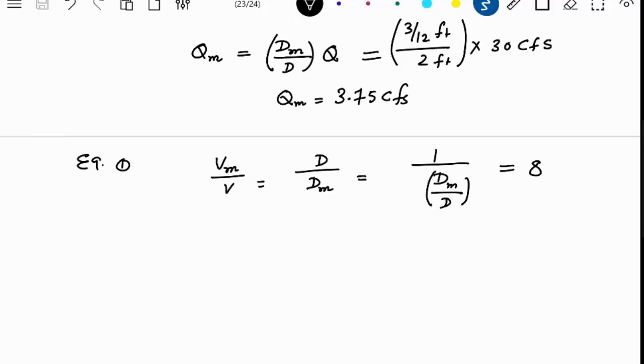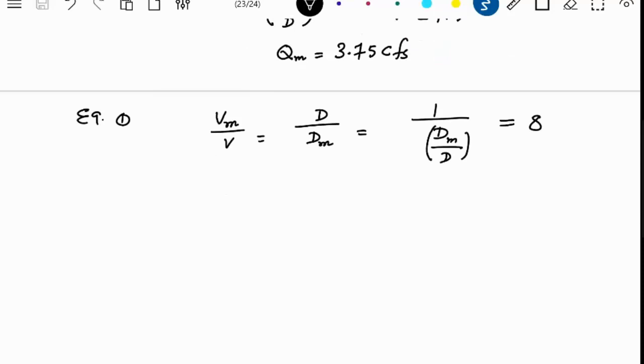Now see, if you see this expression Vm by V, if you consider something Y and dm by d as x, this is something like xy is equal to 1, some kind of constant. So this is a kind of hyperbolic equation you have here.